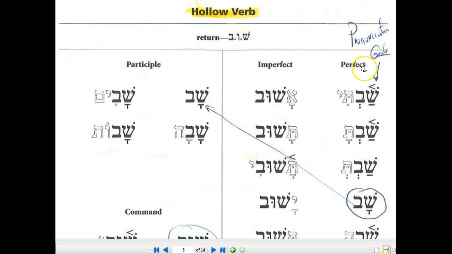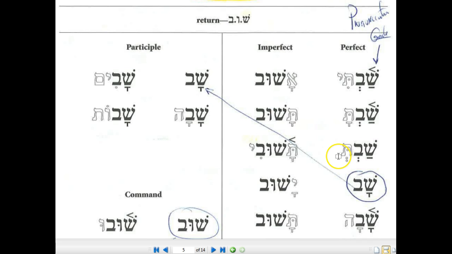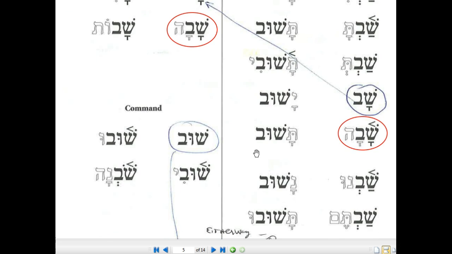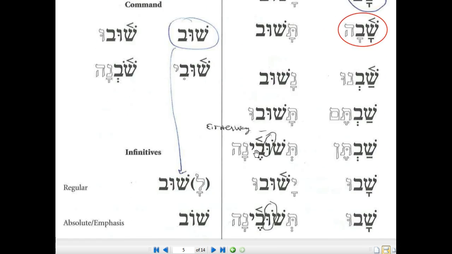I've marked that the qal perfect 3ms shav is identical to the qal active masculine singular participle. I would also point out that the qal perfect 3fs is the same as the qal active participle 3fs. So once again, context is crucial to determining which is intended. Also, as I noted before, the imperative masculine singular form is identical to the infinitive construct.